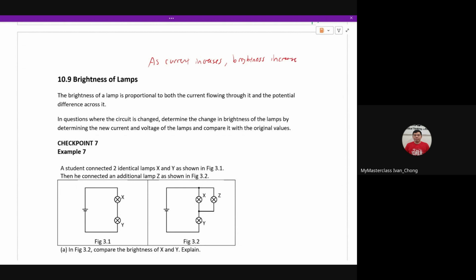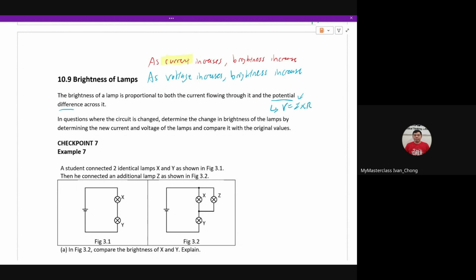And because your current and your voltage, your PD, which is also your potential difference here, PD is, if you remember, V equals I times R, right? Because it contains this I as well, as your voltage increases, the brightness will also increase. But most of the time, we are actually going to use current.